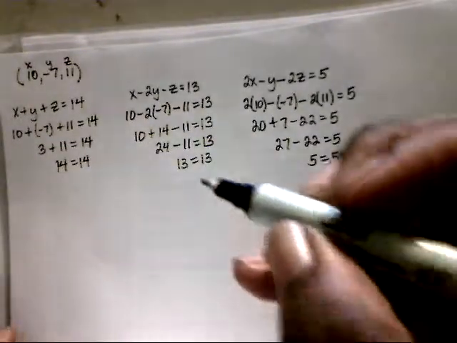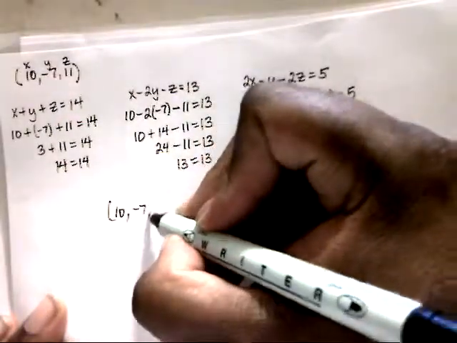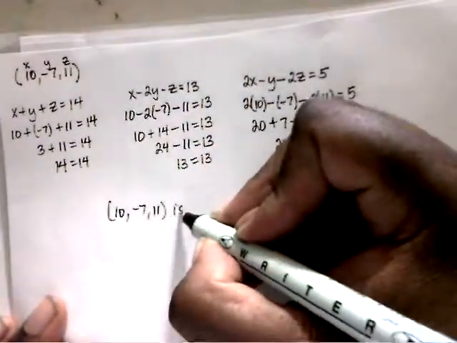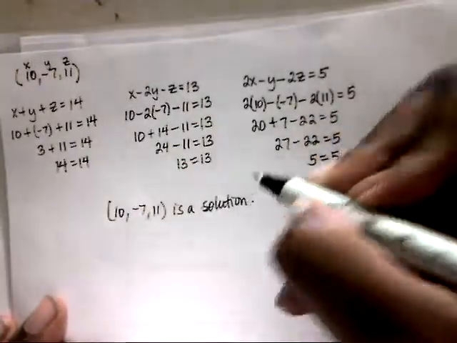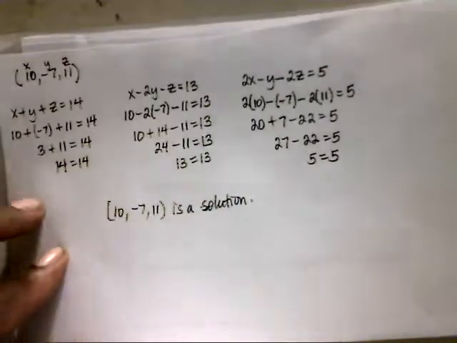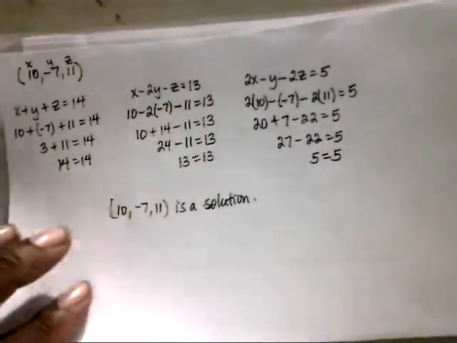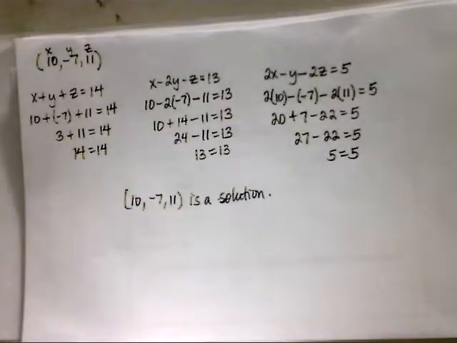So we can conclude that 10, -7, and 11 is a solution to this system of linear equations. Okay, so that's how you test whether an ordered triple is a solution to a system of linear equations.